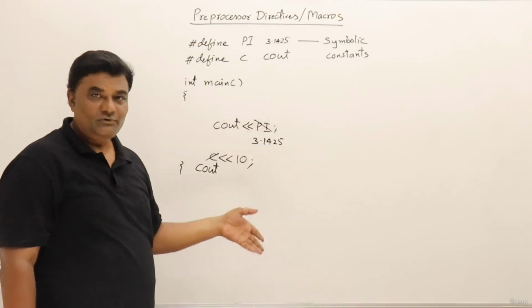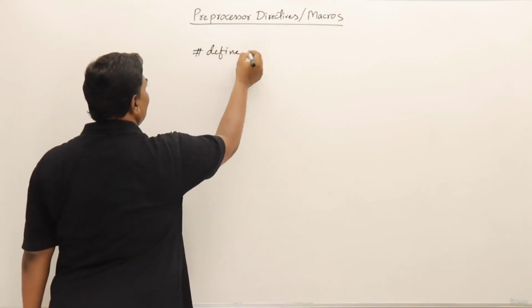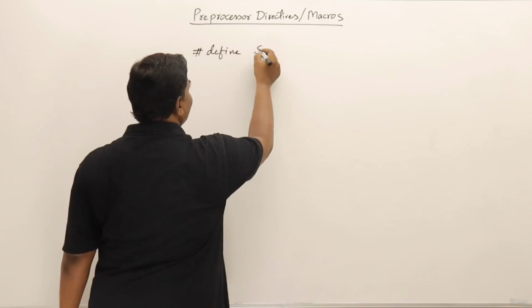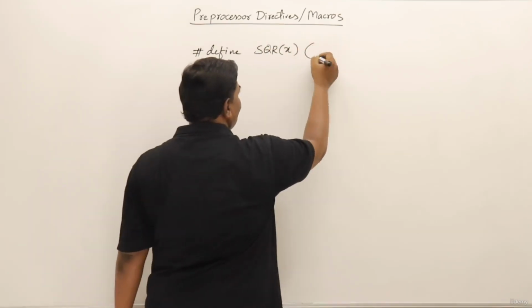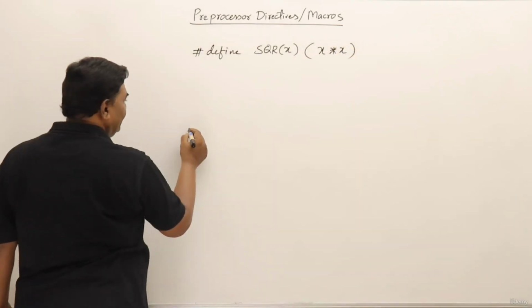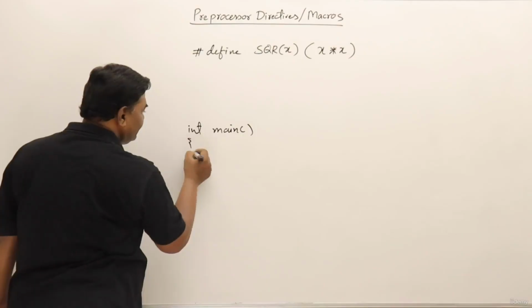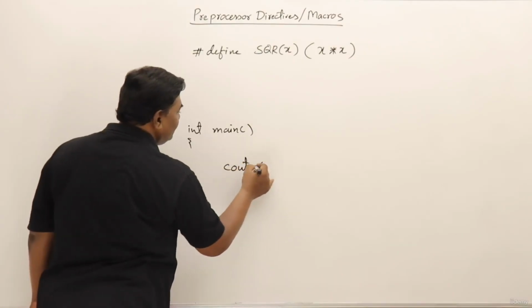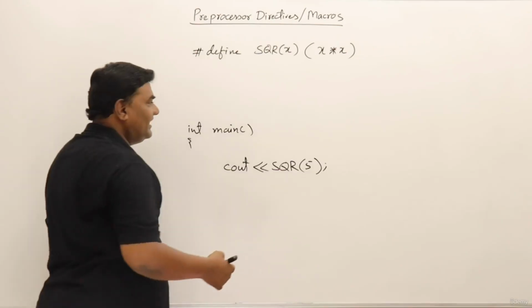Let me show you. I will remove this and show you. Here I write #define sqr, a function. Then what does it do? x into x. Then inside the main function, if I write cout sqr 5, then what will happen?